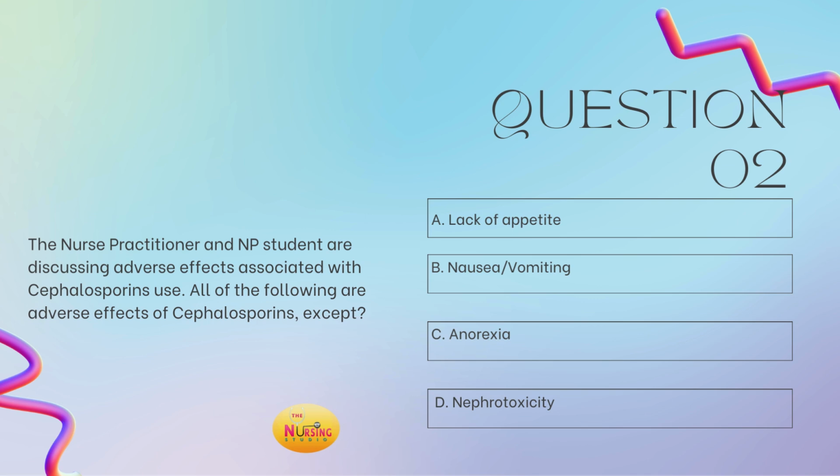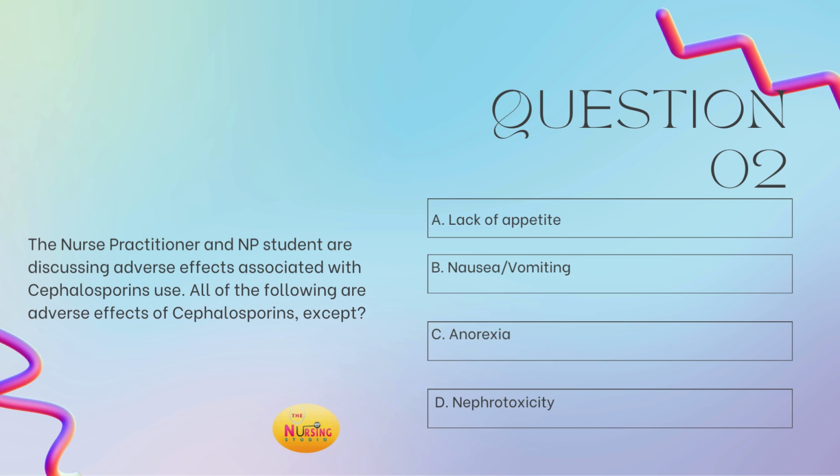My rant and my spiel when we're talking antibiotics, typically GI issues, upset, abdominal pain, nausea, vomiting, diarrhea are associated with all antibiotics. Okay, so if you see that when in doubt, you should know it's associated with it. C, anorexia. Nope. Anorexia is not an adverse effect associated with cephalosporins, and D, nephrotoxicity is.